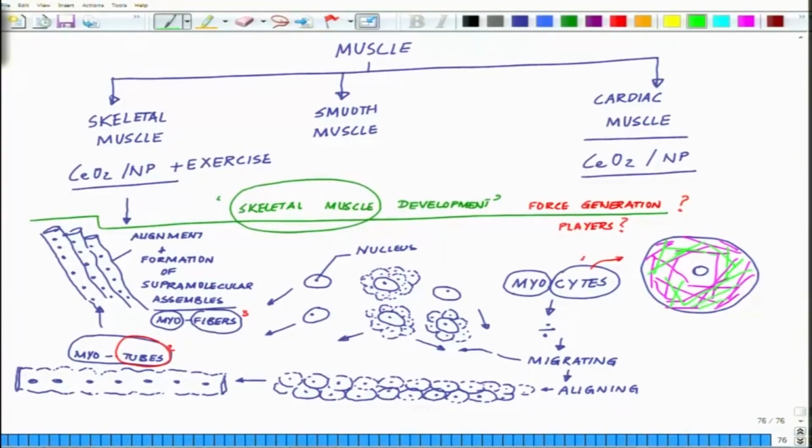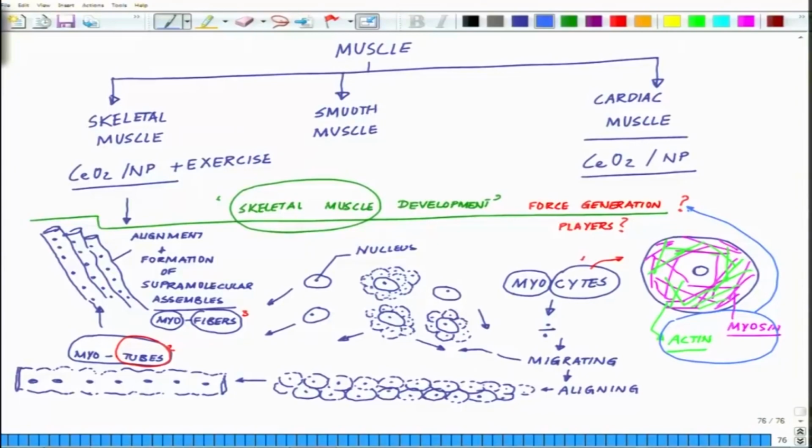And these proteins are termed actin and myosin. These proteins are the smallest unit, the key players in the generation of force.